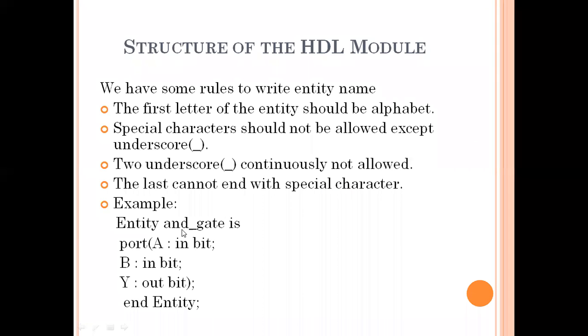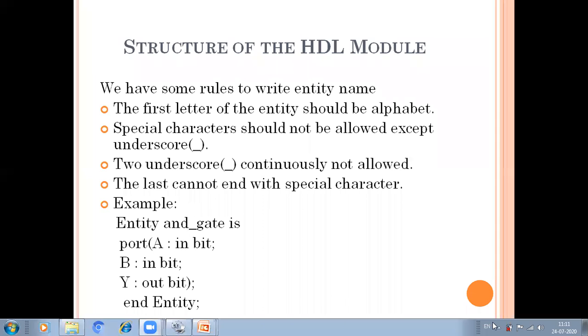Here, with the example, you can understand that an entity always starts with the keyword entity. The first letter of the entity name should be an alphabet, followed by its name and the keyword is. Then the port declaration uses the keyword port.